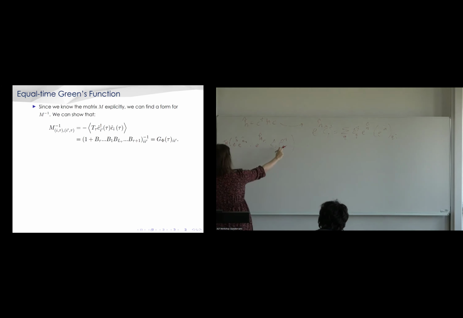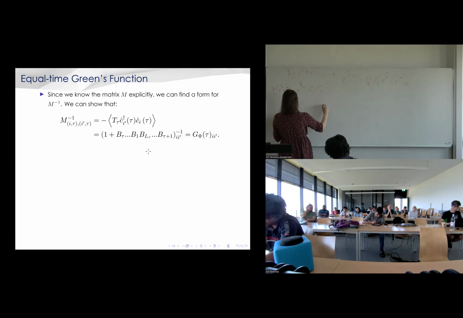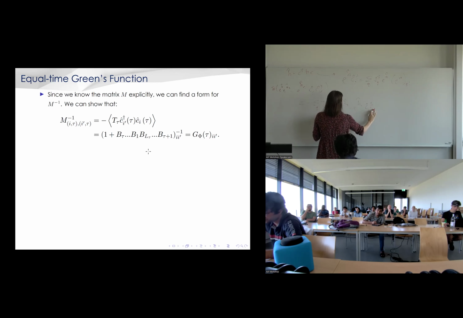If you take this C dagger I prime and you commute it past here, and then you commute it all the way around so that you're back at the beginning, what you'll get when you use this formula is minus sum over Q trace e to the H1. This part is the same. And then you have CI and then CQ dagger.